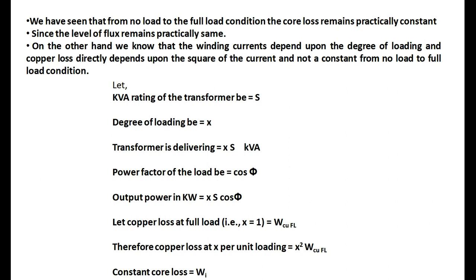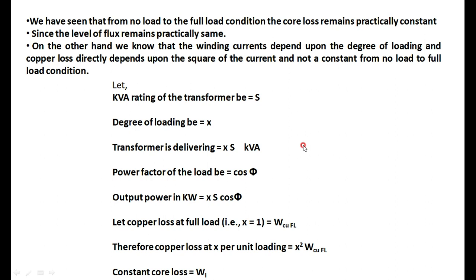If it is a more load, it draws more current from the supply. Also, it is delivering more current. Then the copper loss basically depends upon the current. Therefore, if the current drawn from the transformer is more, it is a more copper loss. Therefore, we have to generalize the equation for the transformer efficiency like this.